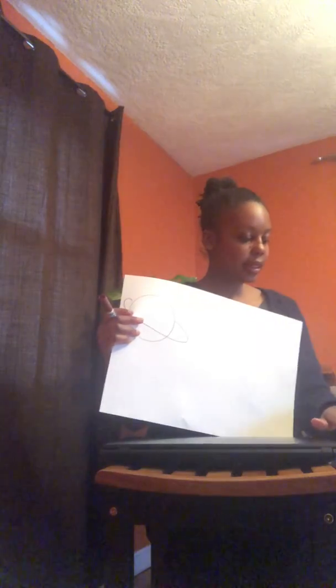I did my best to draw the rings around Saturn. And I learned that the rings are made out of ice, dust, and rocks. And I'm going to write Saturn, S-A-T-U-R-N.